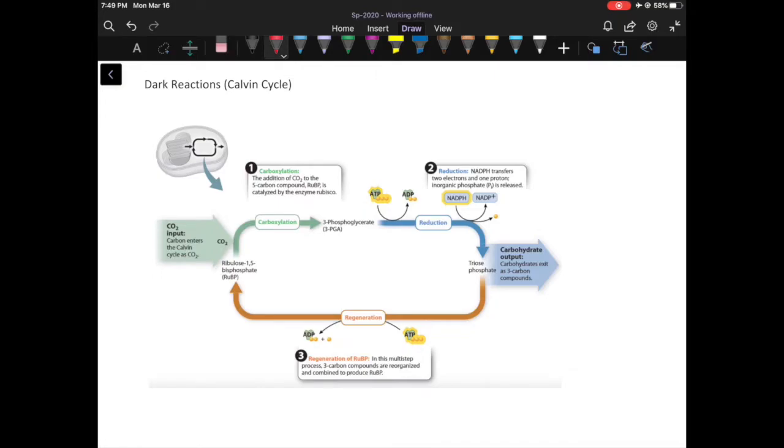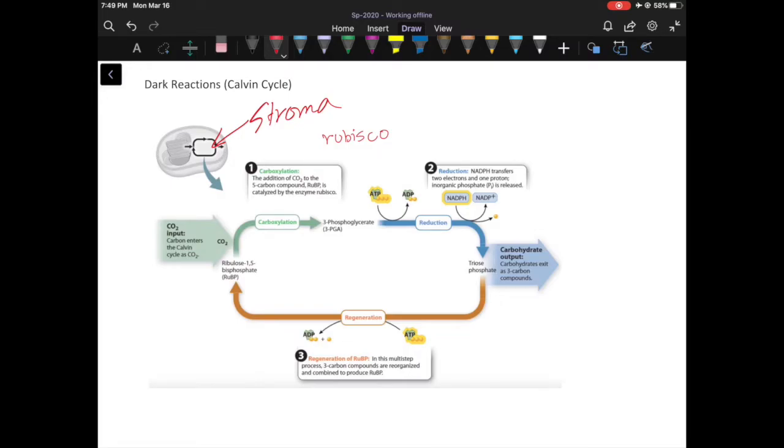So for carboxylation, this is where the CO2 from the atmosphere enters into the chloroplast, and this all occurs right here in the stroma of the chloroplast. So the carbon dioxide will enter, and what happens here is there's an enzyme known as rubisco, which is short for ribulose bisphosphate carboxylase oxygenase.